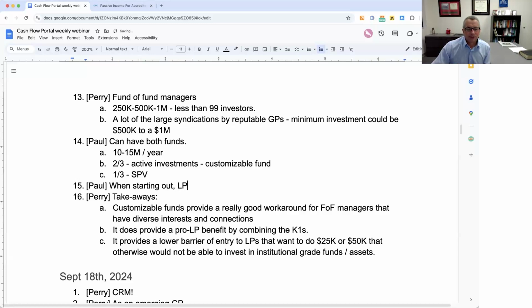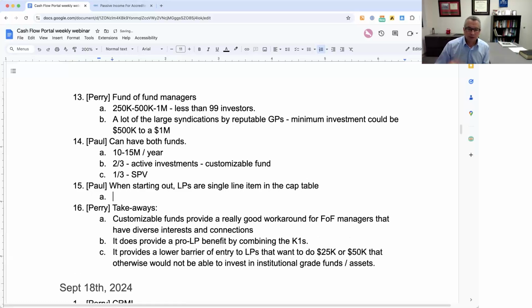Eventually, going through the SPV, say you get 20 investors putting in $100,000 each, then you become one line item on the cap table, which is a little easier for the entrepreneur, with less for them to keep track of.